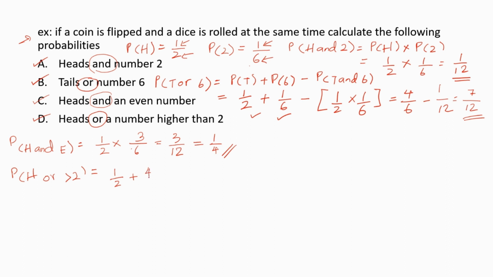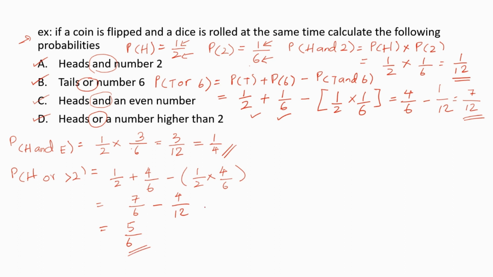There are 4 numbers which are higher than 2, so 4 over 6, minus, now we have to multiply these two values. So this equals 7 over 6 minus 4 over 12. You can use the calculator to get the final answer, which is 5 over 6.